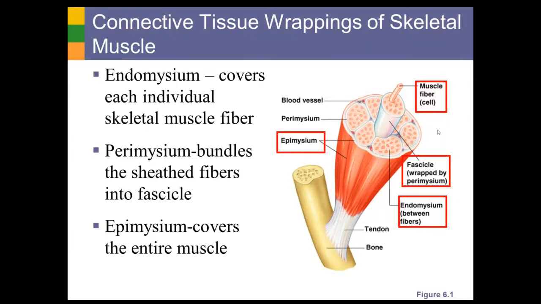In the nerve, we had the endoneurium, perineurium, and then epineurium. The only thing that we've changed is the suffix, all right? So if you have learned the structure of a nerve, it's not very difficult to learn the structure of a skeletal muscle.